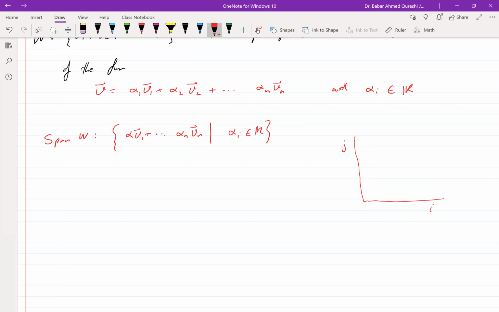So if I consider these unit vectors i and j, you have heard of them, and make all linear combinations, that would be the span. But you know already that any vector in two dimensions you can write like this.